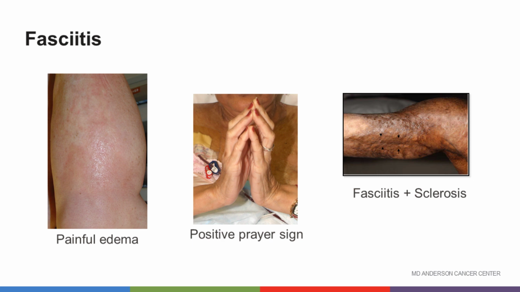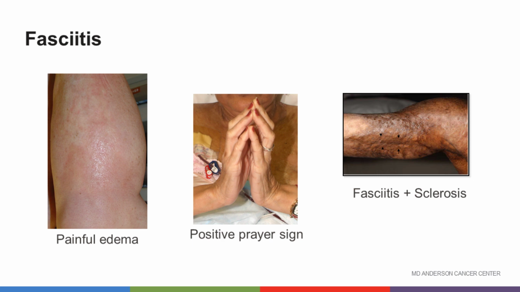It can look in a variety of ways. So my picture on the left shows a leg that's painful and red, but the skin doesn't really look that abnormal. What's happened here is there's inflammation over the tendons and the muscle, producing that redness, and there's lots of swelling or edema. So that's one form of fasciitis.